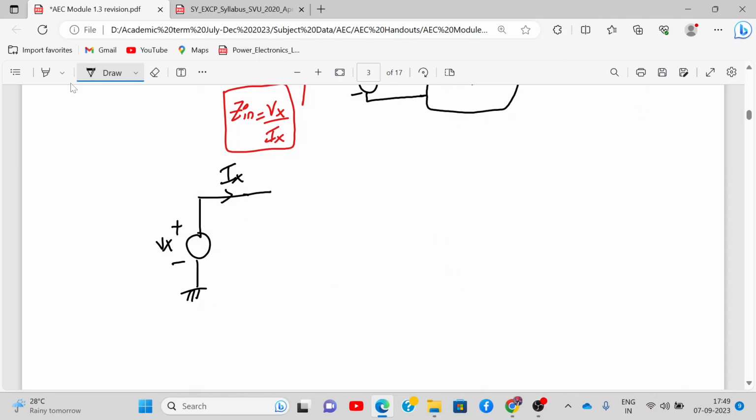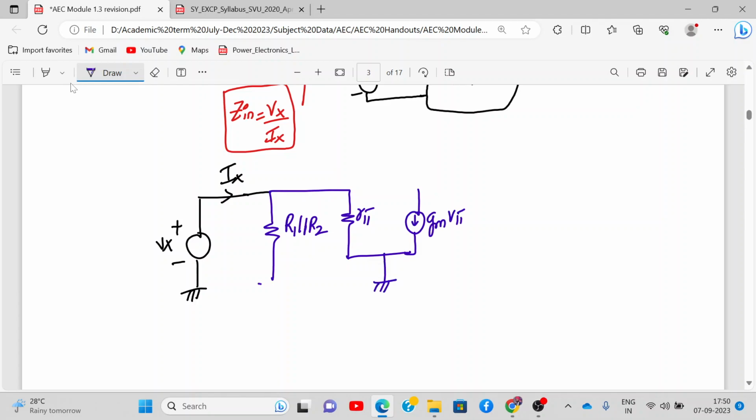Now this entire circuit I'll draw in blue color. So I have R1 parallel to R2, then I have R pi, then I have a current source, gm V pi. And here it is open circuit, and this is connected to the ground.